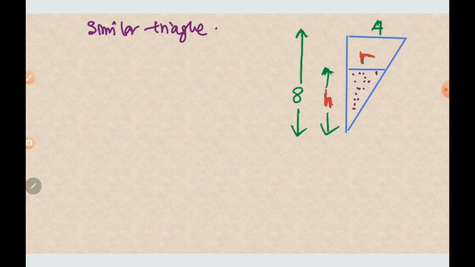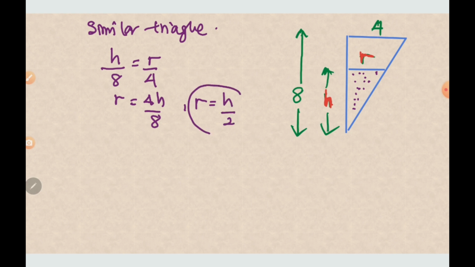That is height h over 8 is equals to r over 4. Therefore you can write what is r in terms of h. r equals to 4h over 8, or can be written as r equals to h over 2. This is the relation between r and h.